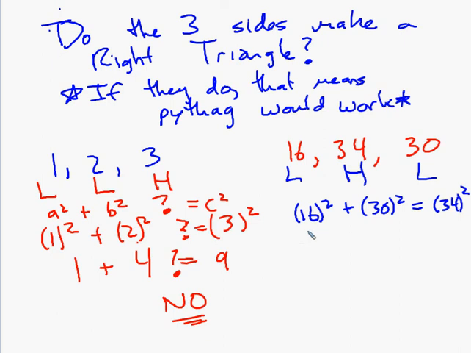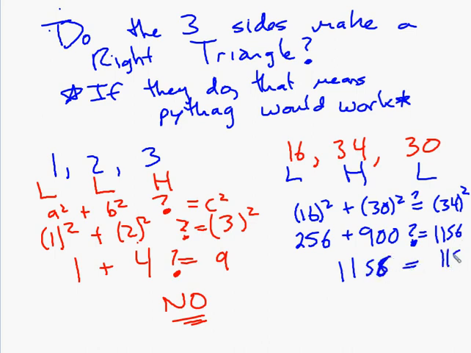Well, what's 16 squared? 256. And what's 30 squared? 900. And I'm asking, does that equal 34 squared when I add those? What's 34 squared? 1156. And if I add these, 1156 does equal 1156. So I conclude, is this a right triangle? Yes, that's a right triangle.